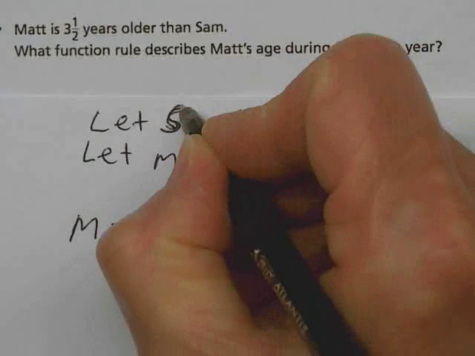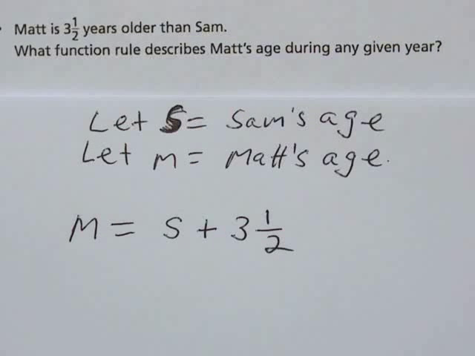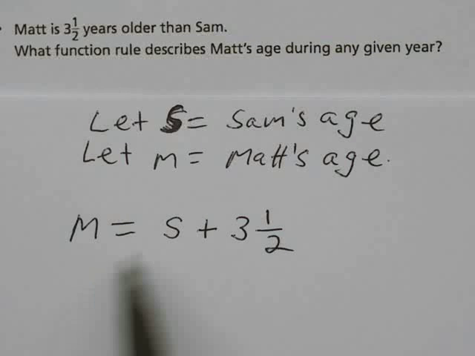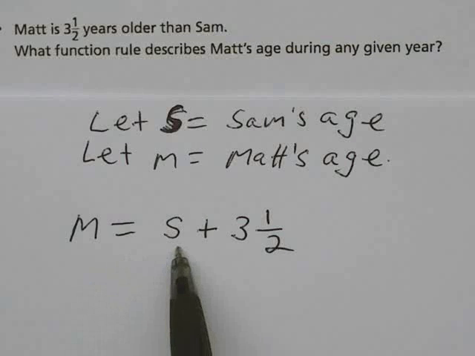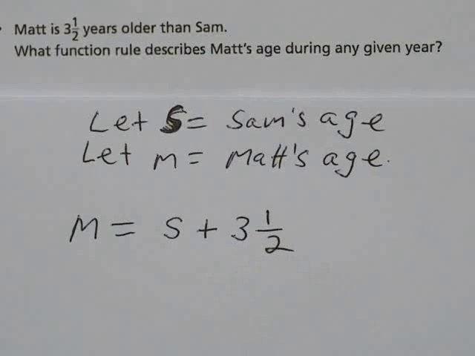My apologies for my poor penmanship. Let S equal Sam's age and let M equal Matt's age. Well, I know that Matt's age is equal to Sam's age plus 3.5. And yes, you could have used a decimal. These would be several examples of defining linear functions from word problems, ordered pairs, and graphs.